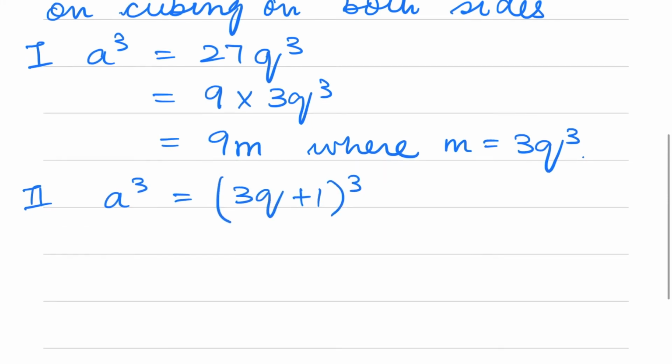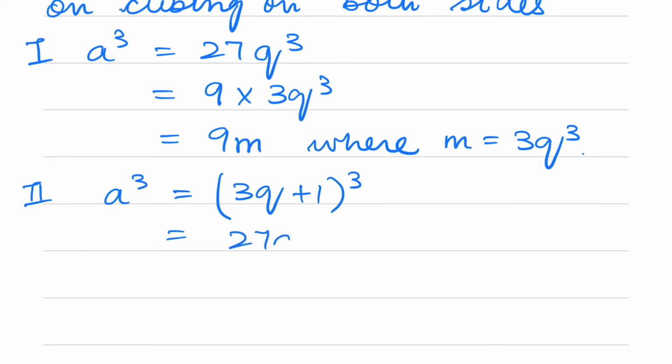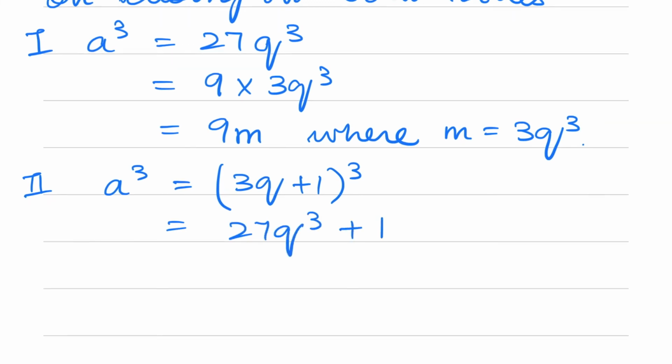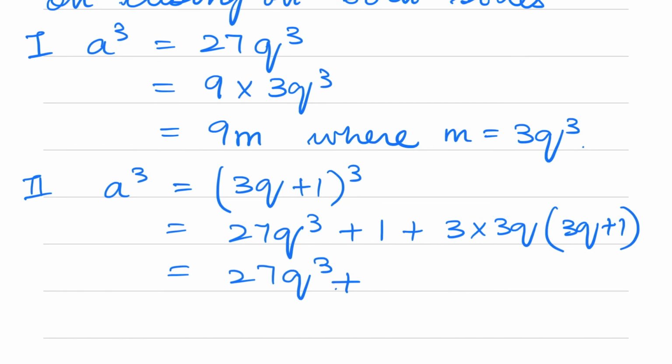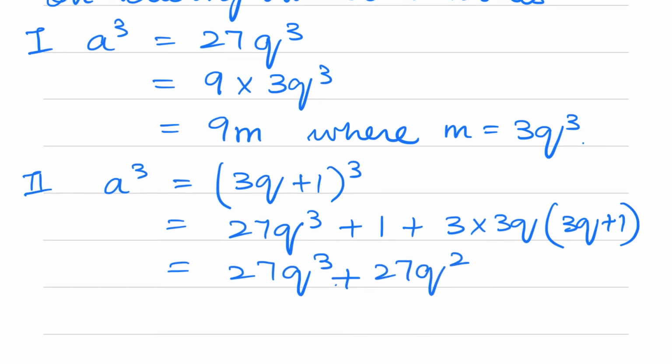So a plus b whole cube is a cube plus b cube plus 3 into ab into a plus b. So we get 27q cube plus 27q square plus 9q plus 1.